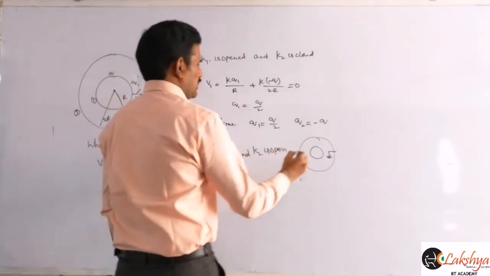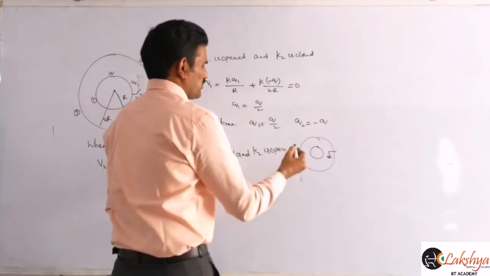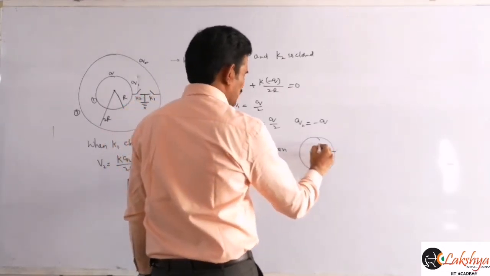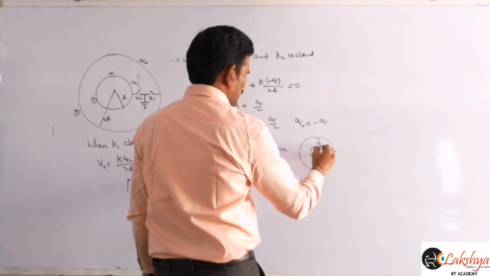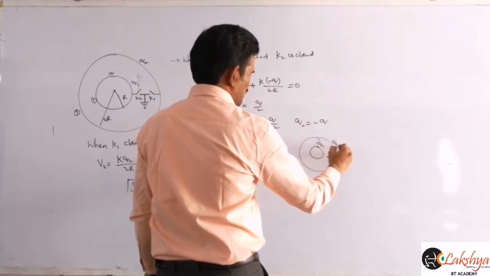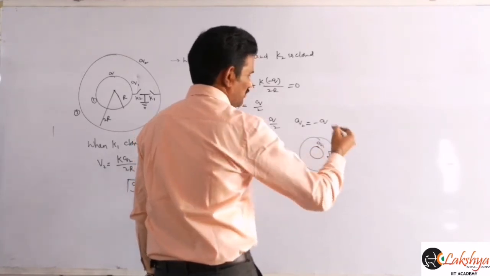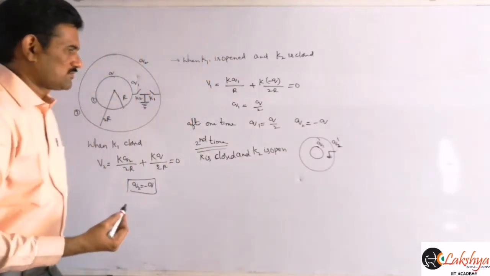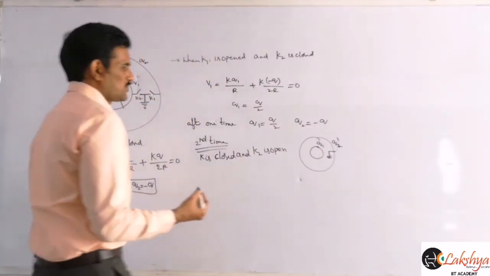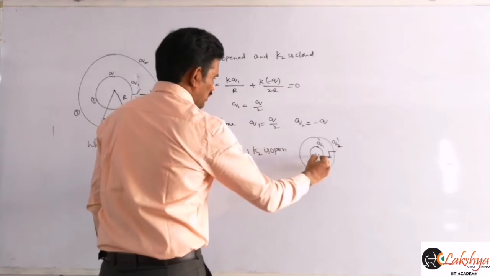Now as it is closed, here I am taking this charge as Q1, it will remain the same, which is Q by 2. And this charge let us take as some Q2 dash. Now we need to write the potential. This is again R and this is 2R.